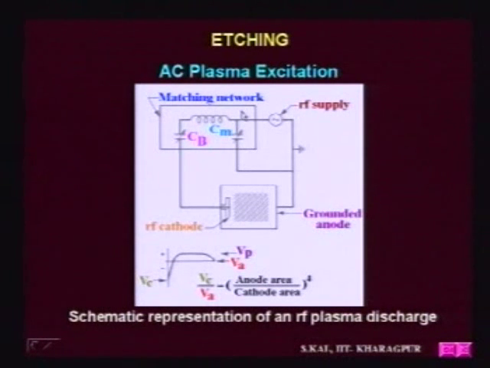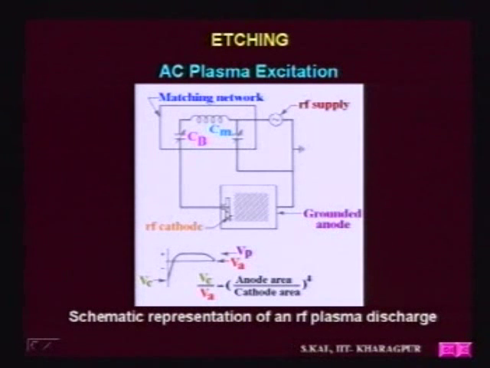The picture you see in this diagram is the grounded anode AC plasma reaction chamber. That means here the anode is the ground, this is the ground symbol, and the electrode is the RF cathode, which is basically the electrode. And this particular cathode is not always negatively charged with time.